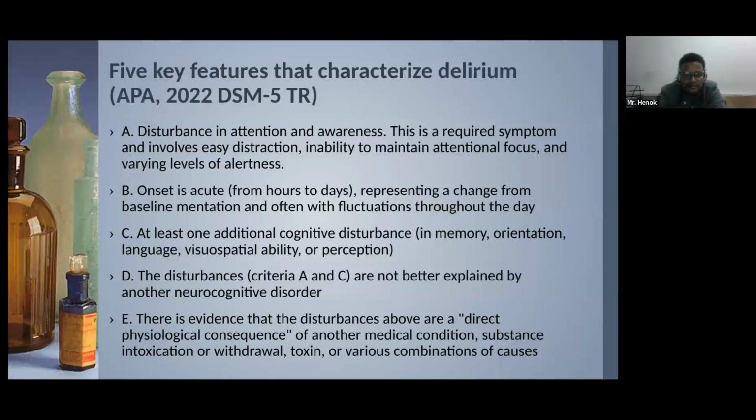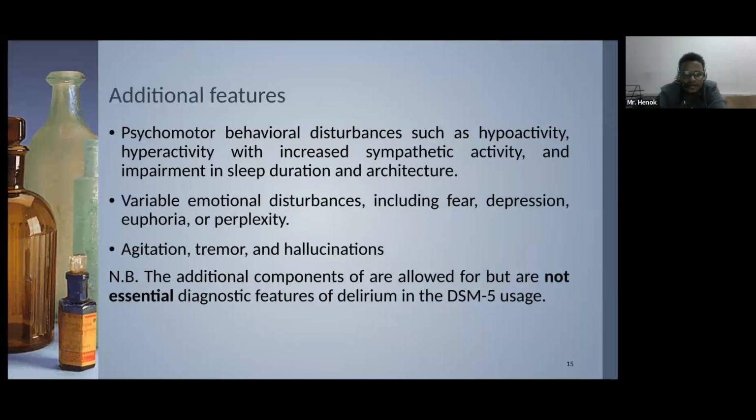There are additional features of delirium, that is psychomotor behavioral disturbances such as hypoactivity, hyperactivity with increased sympathetic activity, and impairment in sleep duration and architecture. There are variable emotional disturbances including fear, depression, euphoria, or perplexity.